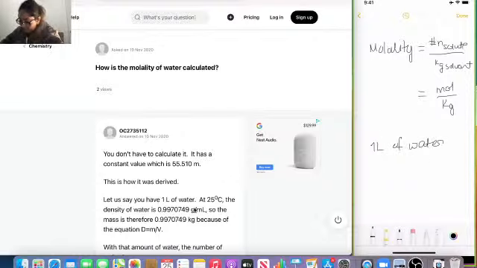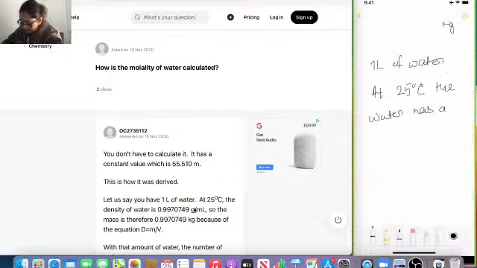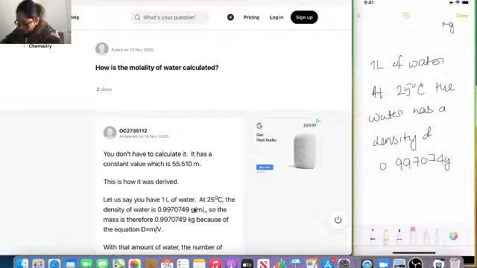We need temperature also, so in this case, let's say at 25 degrees Celsius, the water has a density of 0.9970749 grams per milliliter.